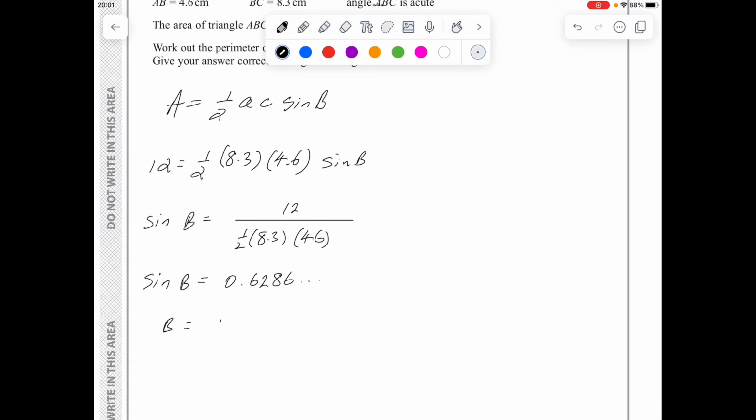So B is the inverse sine of this number. B comes out to be 38.947 and so on. So now I can use the cosine rule to find AC or lowercase b.